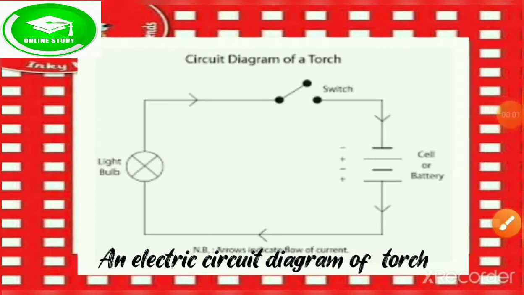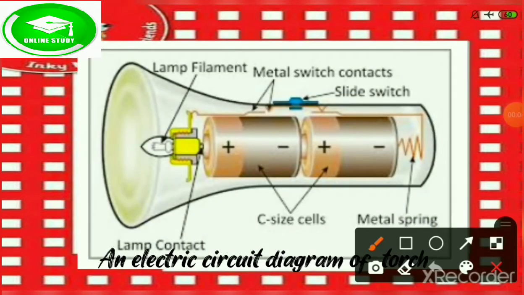The simplest circuit that can be designed using two batteries, a bulb, a switch and some connecting wires is that of a torch. The best way to understand the working of a torch is to compare it with a simple electric circuit diagram, in which the various parts of a torch are represented by symbols. In this diagram you can see cells are connected and behave like a battery, as opposite ends are connected with each other.